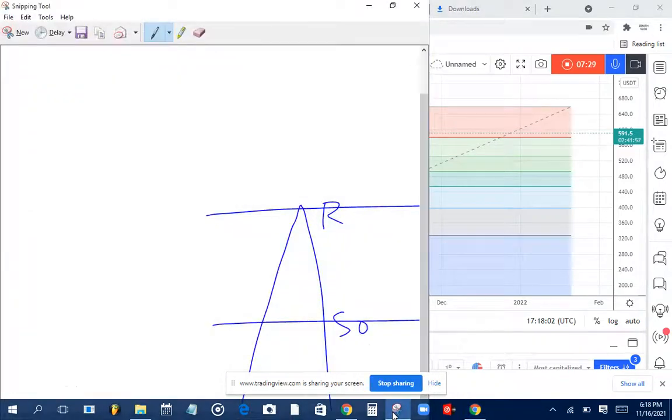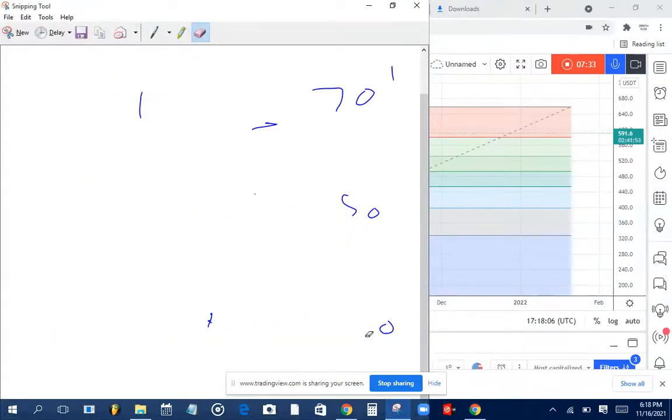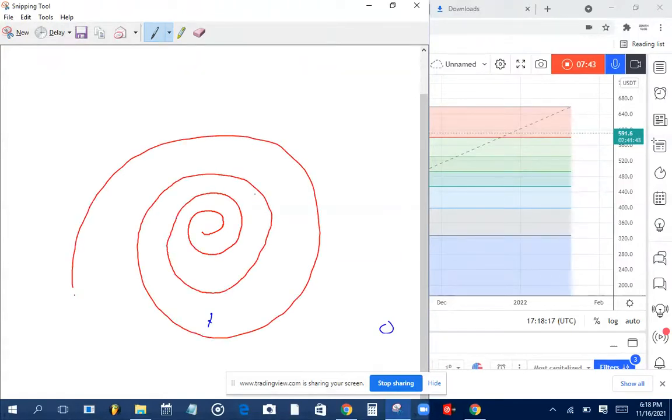So now, this is how Fibonacci works. Quickly, let me show you guys. This is what the Fibonacci sequence looks like. It's actually a spiral. I'm going to draw it with a red pen. It starts very tiny, then wide, and wider. You must have seen this in so many patterns in the universe, seashells, a lot of things.